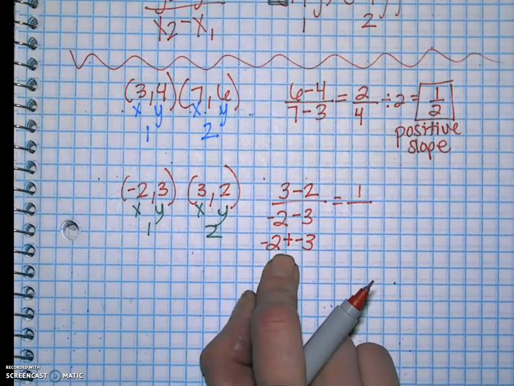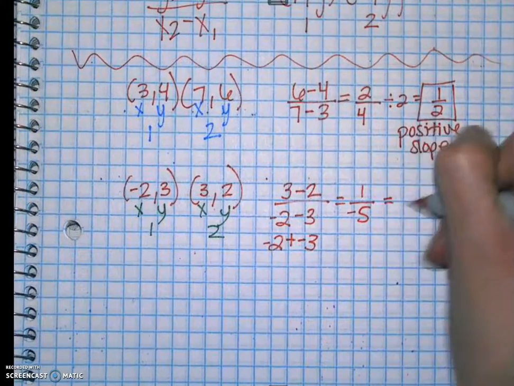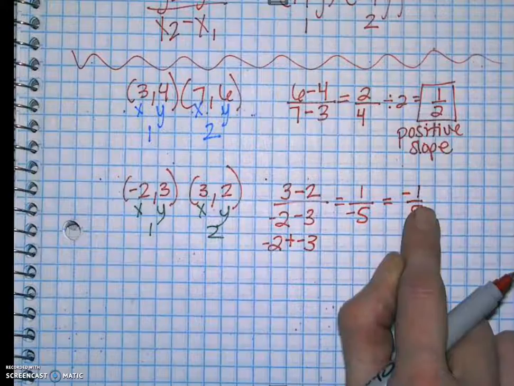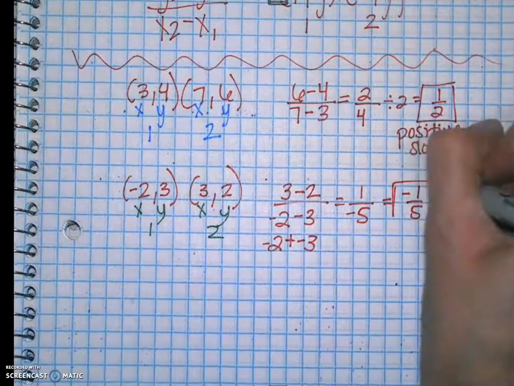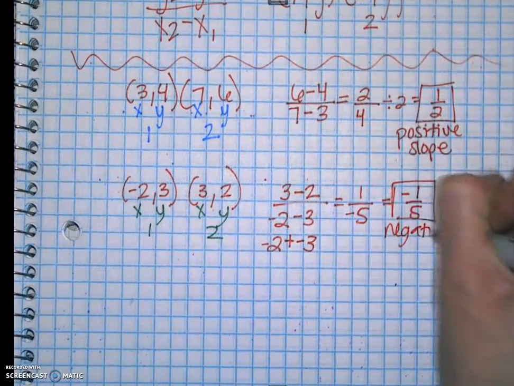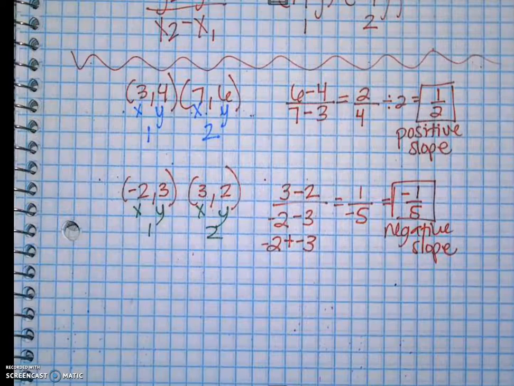So you're adding them. So it's going to be negative 5. And if you want to write it with the negative on the top, either of these would be correct. It really doesn't matter. And because it's negative, you should know that it's a negative slope. Okay? So if you need to pause it, and then when you're ready, move on.